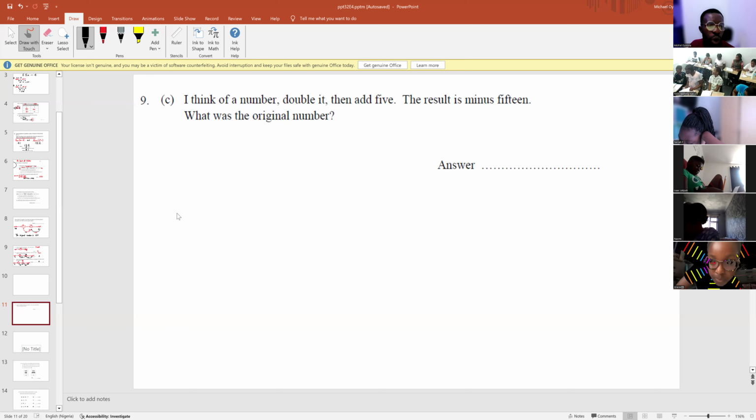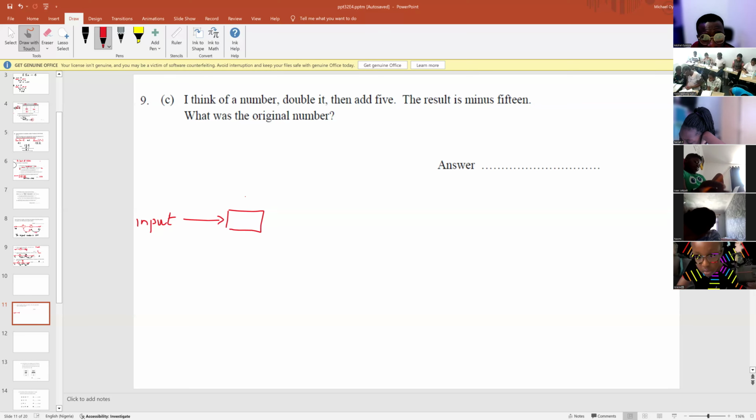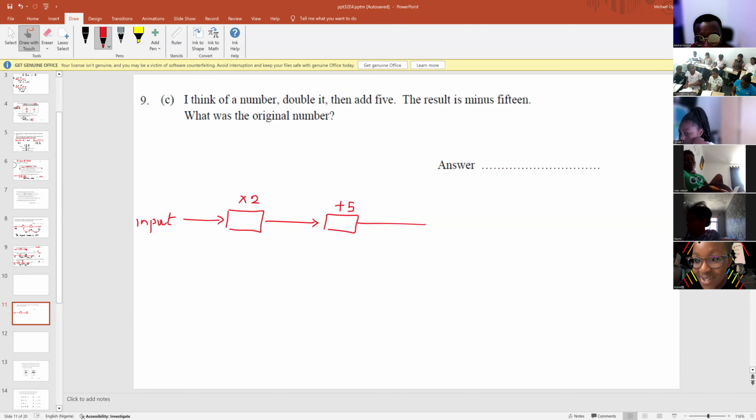Zoe, okay, let's work it out together. I think we are getting it twisted. I think of a number, then you add 5 to it. And then the result is minus 15. Output now is negative 15.